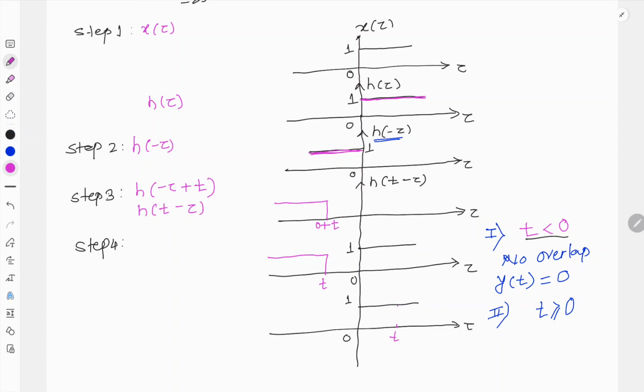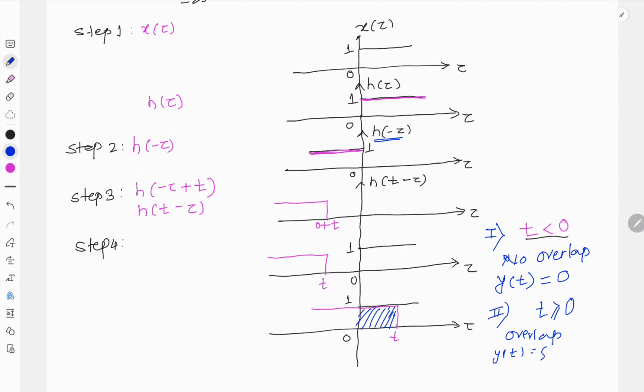Therefore this signal starts at t and approaches towards negative infinity. Both these signals will have amplitude 1. Now there is overlap of these two signals, and that overlap is shown with this region, which is from 0 to t. So here the overlap exists, therefore the multiplication in the integration of x of tau into h of t minus tau will exist, and our y of t will exist for the integration.